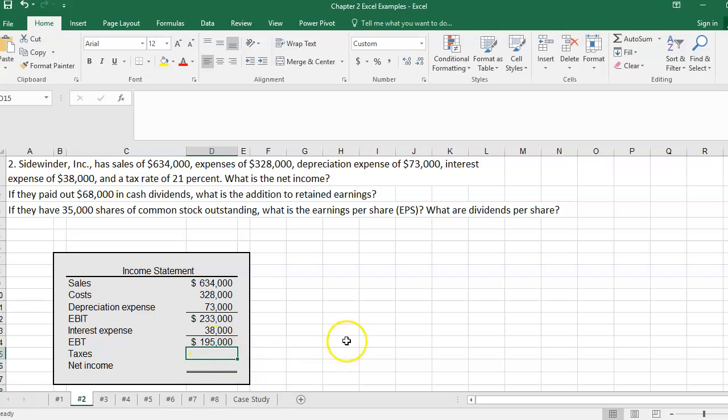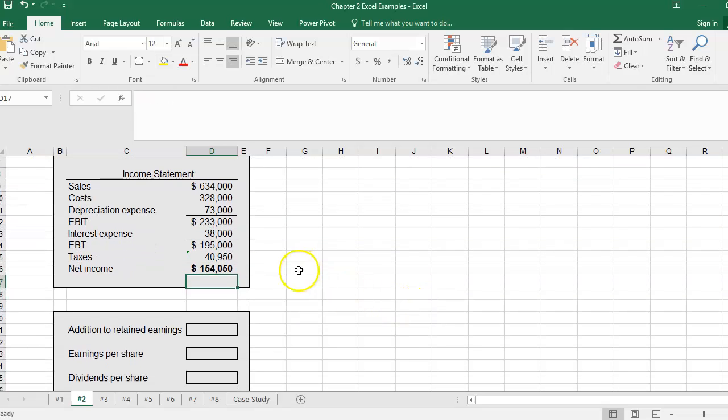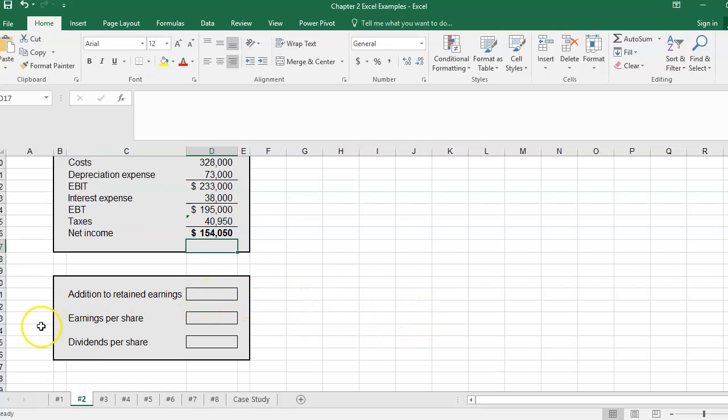Therefore, the amount of tax we owe is 21% of our earnings before taxes. So we take our earnings before taxes times 21%. So our tax amount is $40,950. That gives us a net income of $154,050.